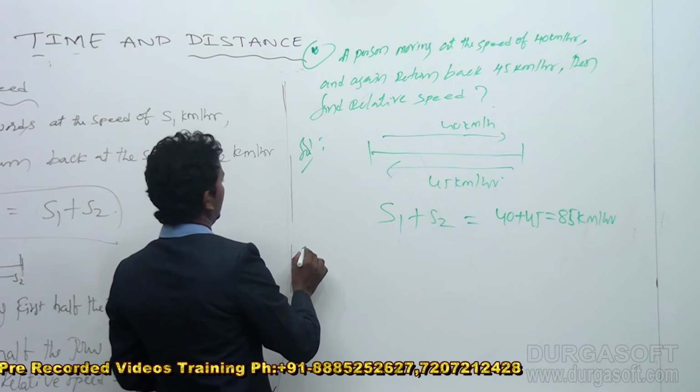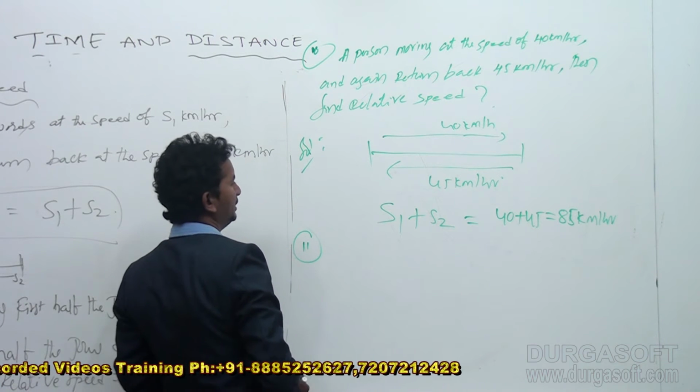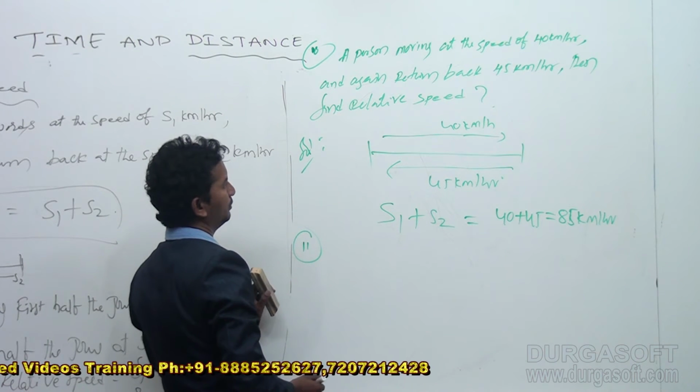In the same way again, now I am finding the relative speed in different positions. Now how to find out?